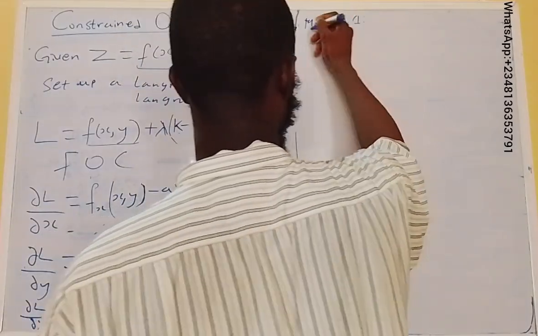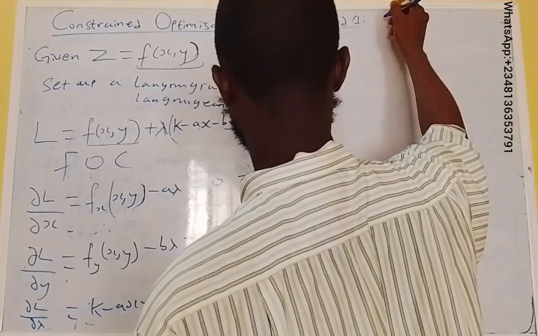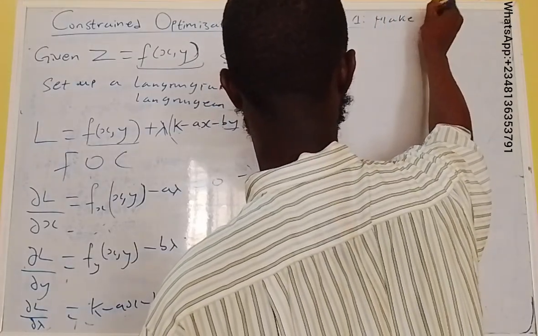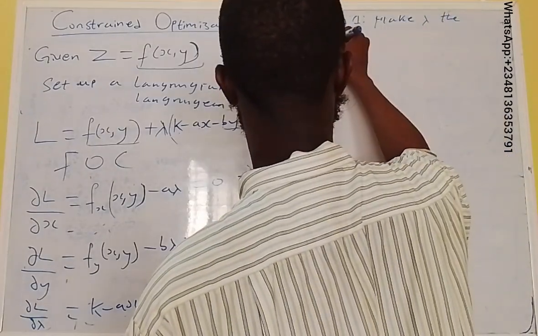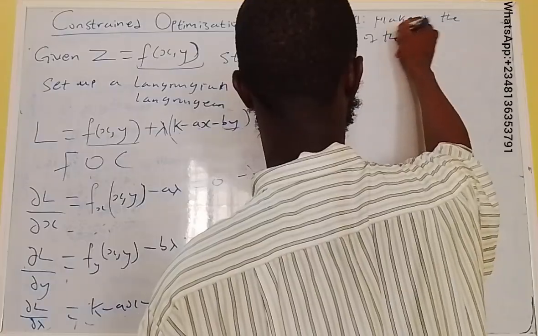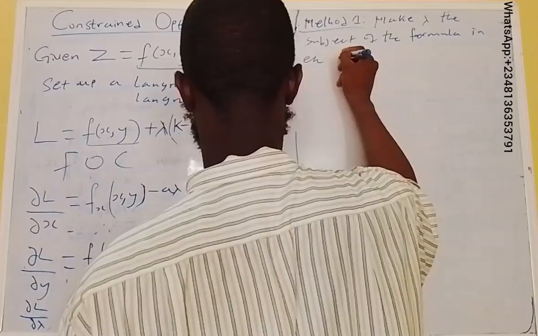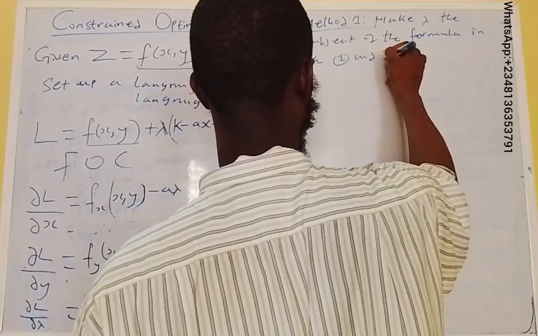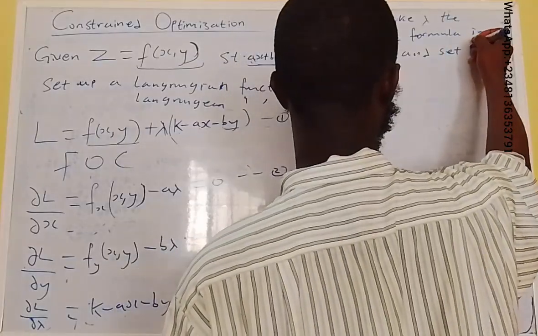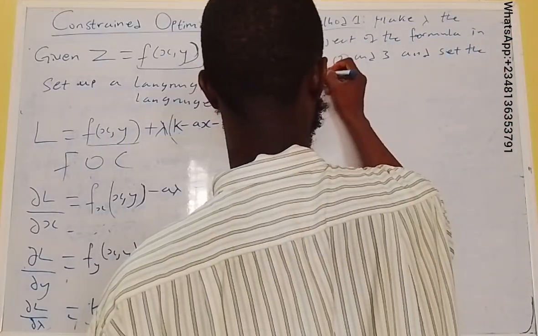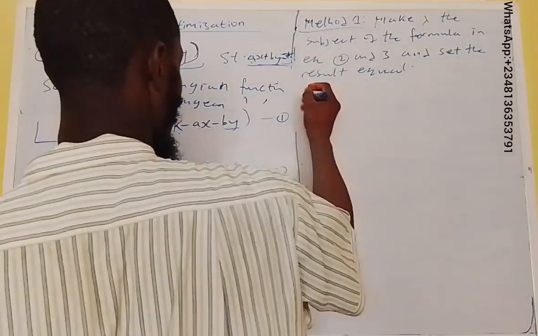What I'm going to do here is make lambda the subject of the formula in equations 2 and 3 and set the results equal.